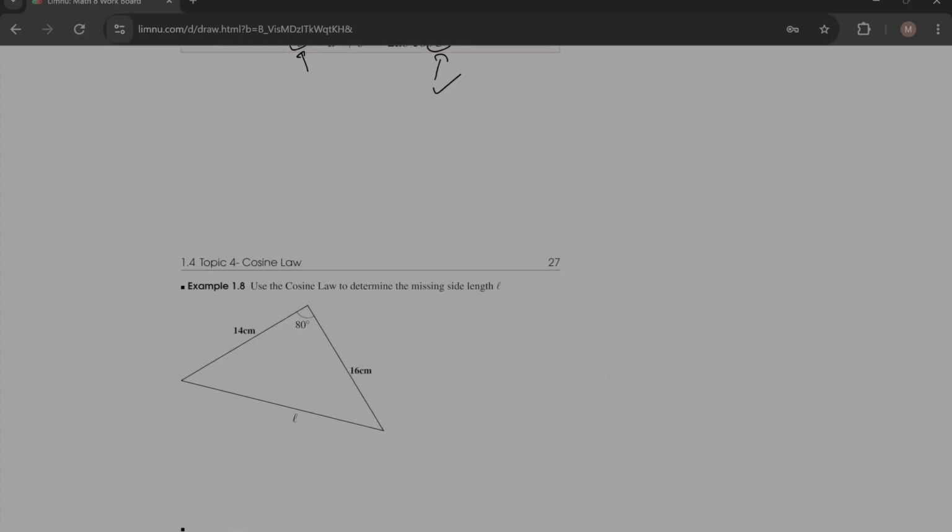So in this case, I'm going to just copy down my formula. I get c squared is equal to a squared plus b squared minus 2ab cosine C. Remember that you have a formula sheet. This is going to be on it. You don't need to memorize it, but it's a really cool party trick if you do. Okay, I'm going to isolate c by square rooting both sides, and I'm going to start plugging my numbers in. Notice that A and B are kind of symmetrical in where they appear in the formula.